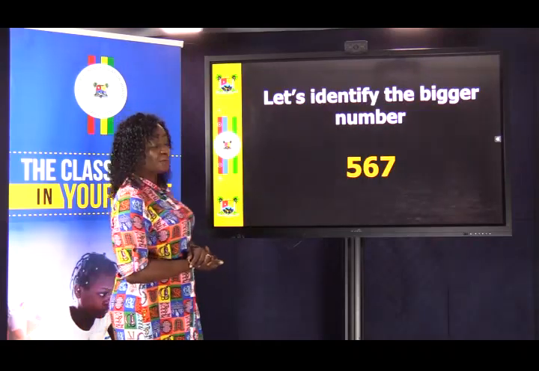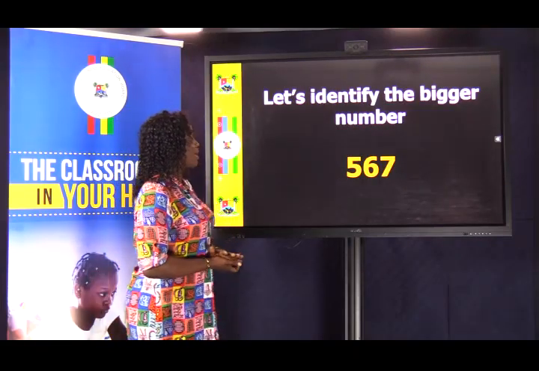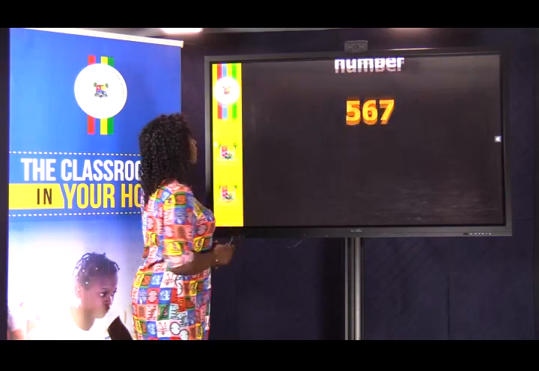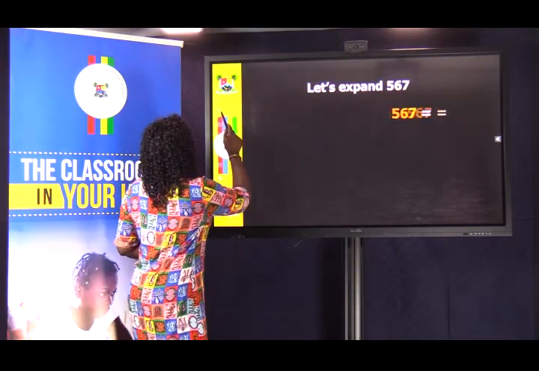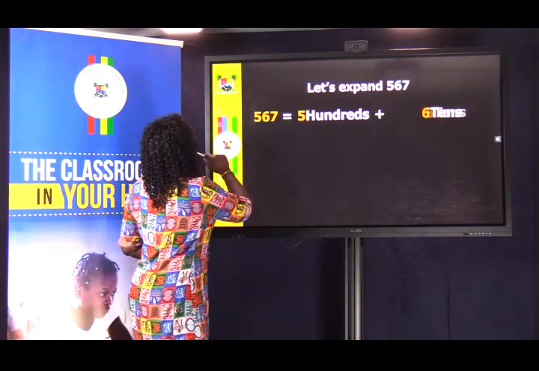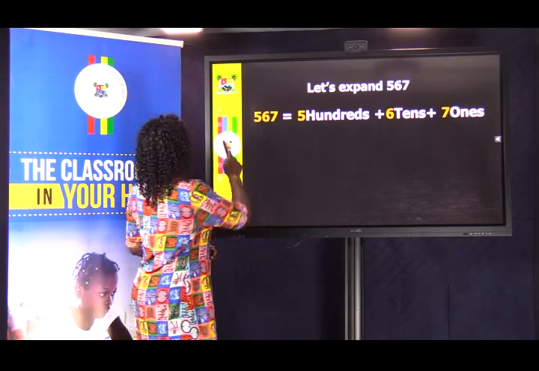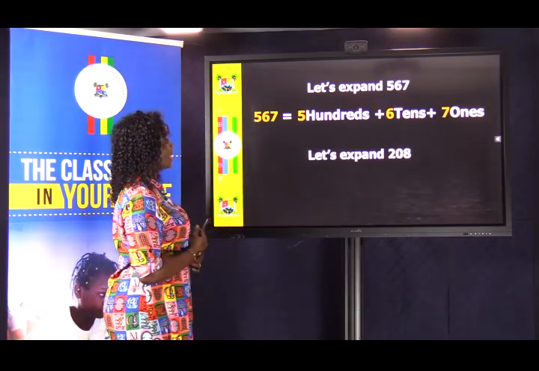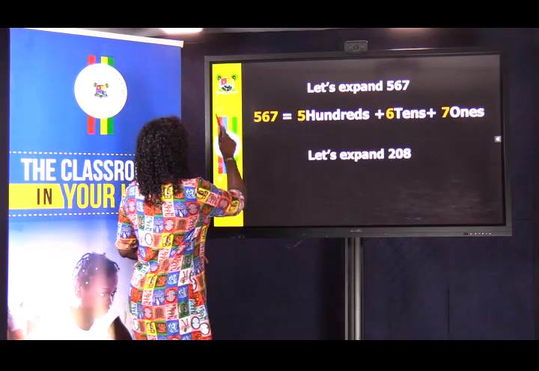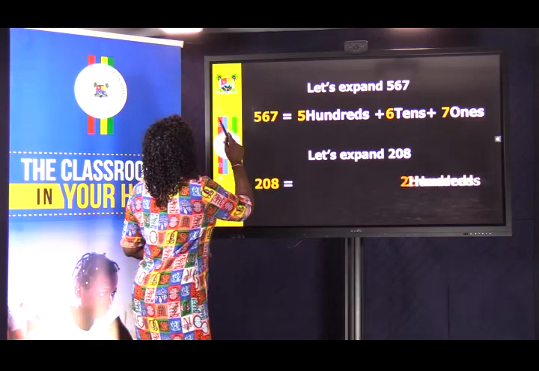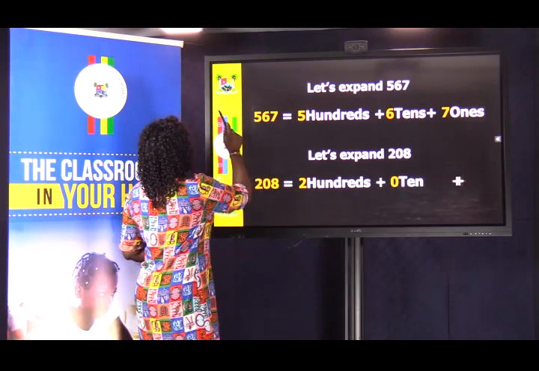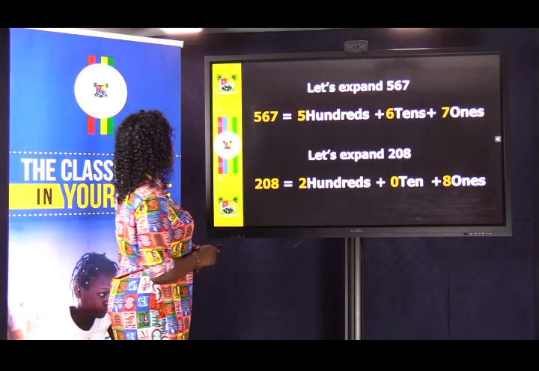Let's identify the bigger number. Our bigger number is 567. Yes, let's expand. We have 500, 6 tens and 7 ones. Let's expand 208, the number that was given out. We have 200, no tens and 8 ones.